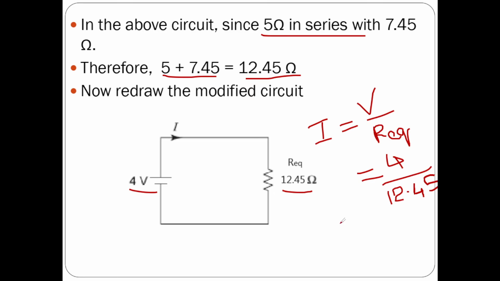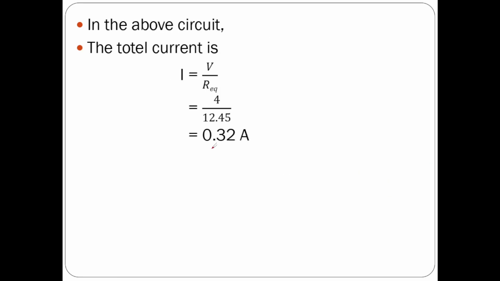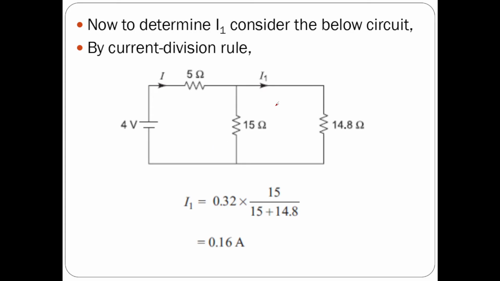Just simplify it and you will get 0.32 amperes. This is the total current in the given circuit. Now I know I, so I can determine I1.